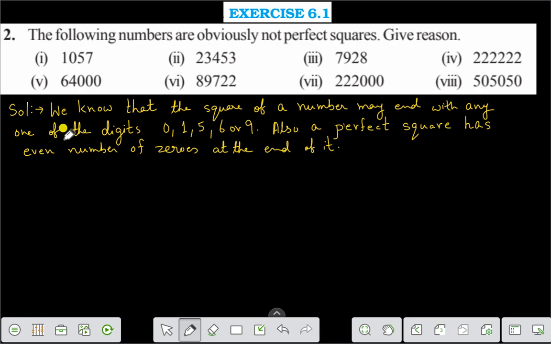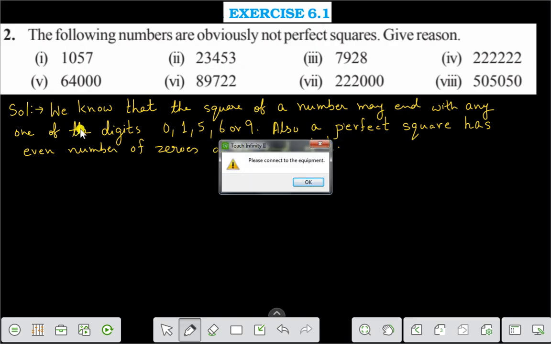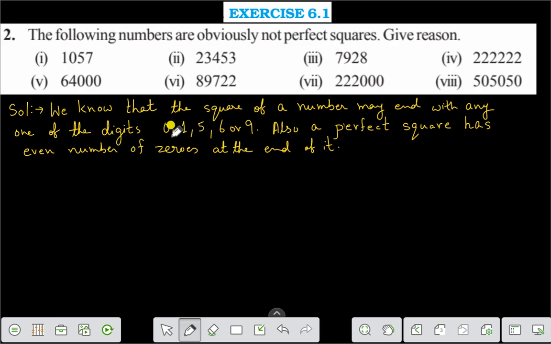We will follow this rule. That is, the square of a number may end with any one of the digits 0, 1, 5, 6 or 9. Also a perfect square has an even number of zeros at the end of it.